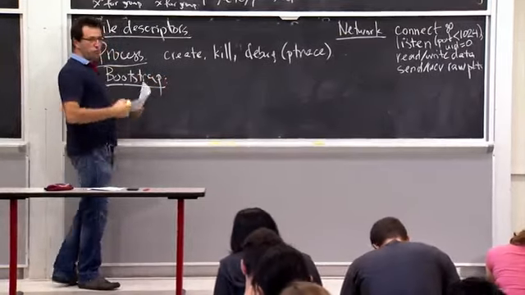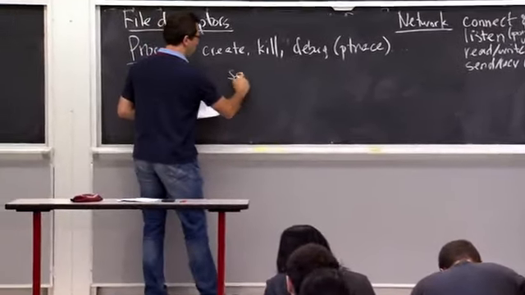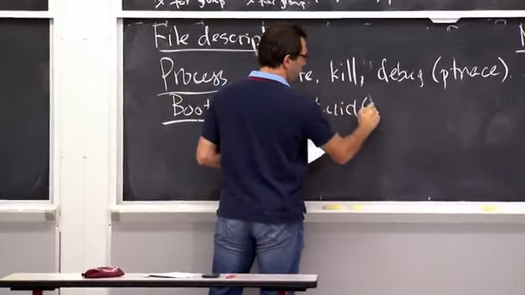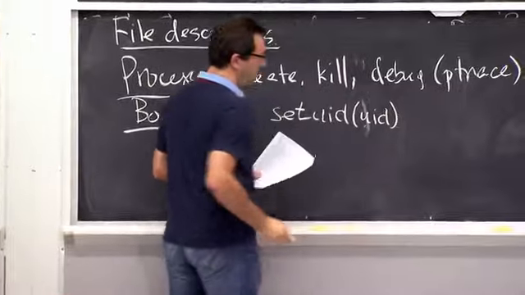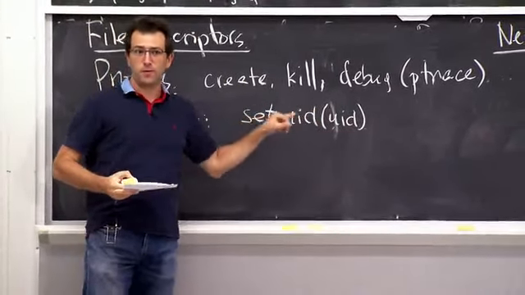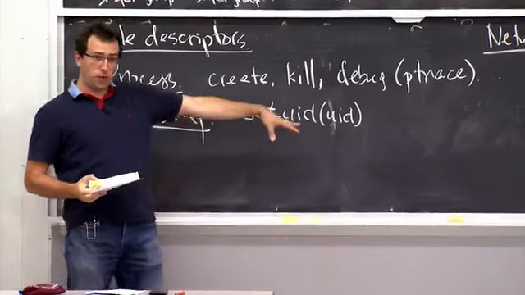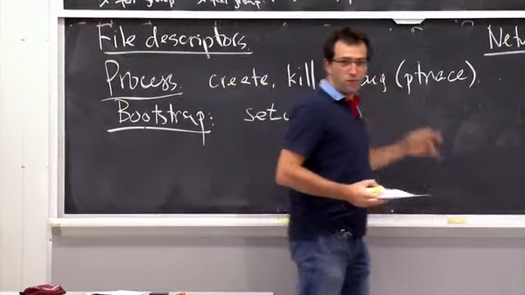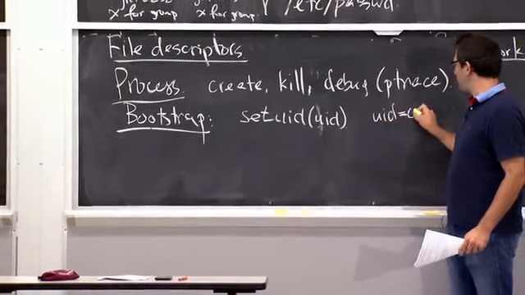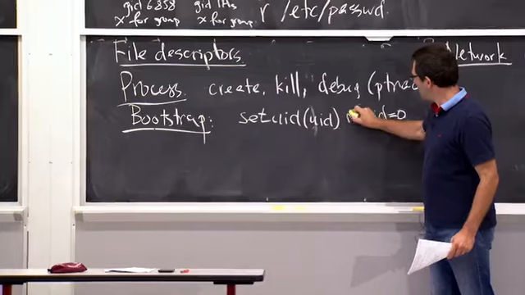Initially, to bootstrap these UID values, there's a system call called setuid that you can pass a UID number to. And it'll set the user ID of the current process to this value. This is actually a dangerous operation, of course. So in Unix tradition, you can only do this if your UID is equal to 0.